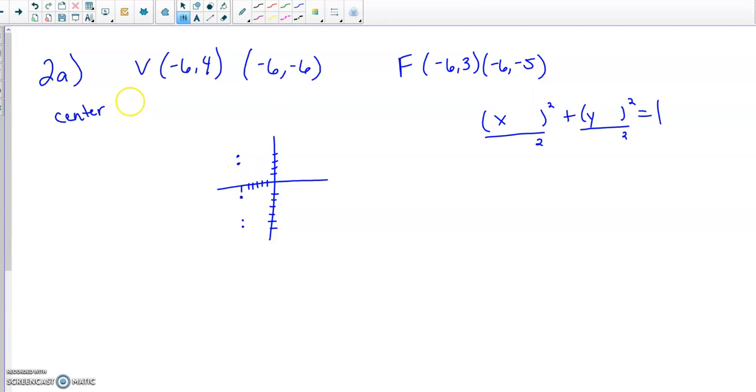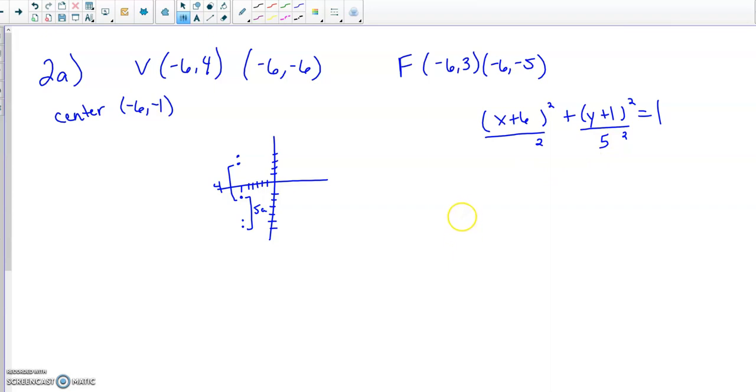And that is going to be -6 and -1. Now I know from here to here is 4. So if I count from here to here, it's 5. That's my A value. And notice it's vertical, so I know 5 is going to go under Y.